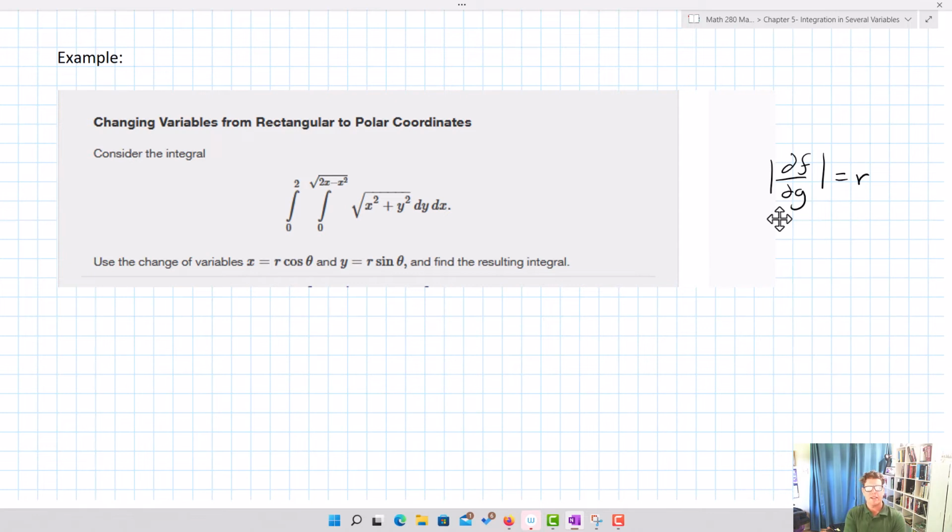So we consider the integral from 0 to 2, 0 to the square root of 2x minus x squared of the square root of x squared plus y squared, dy dx. We'll use the change of variables, x equals r cosine theta and y equals r sine theta.